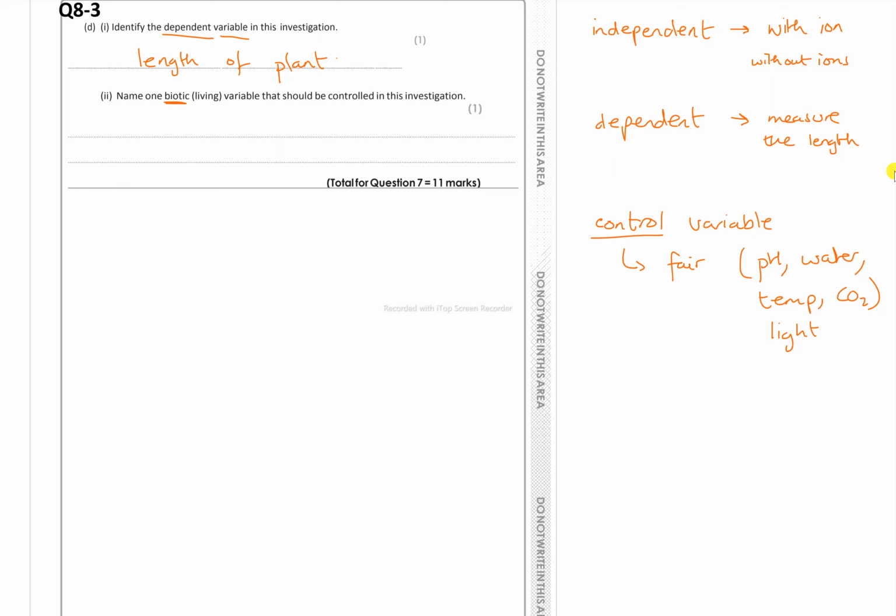Name one biotic. Remember, biotic is living. So bio is living. Abiotic is not living. It's good to know these. Name one biotic variable that should be controlled. Species.